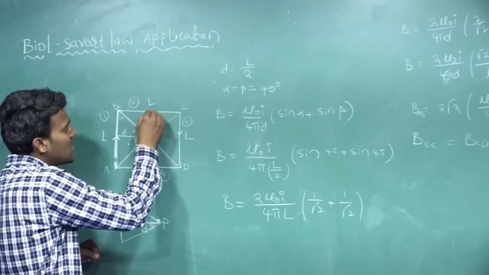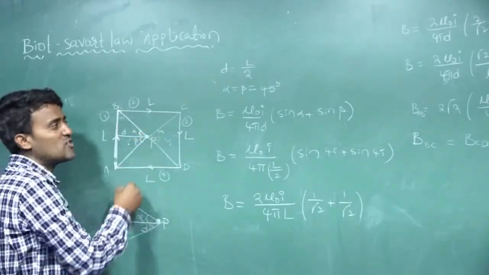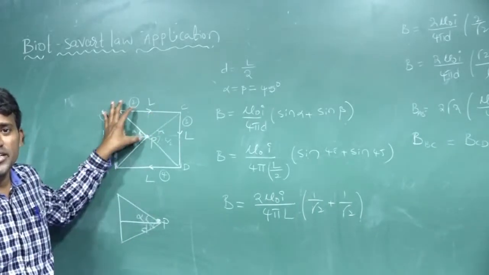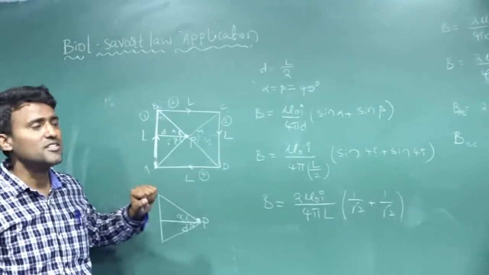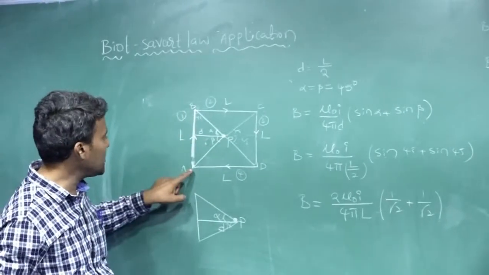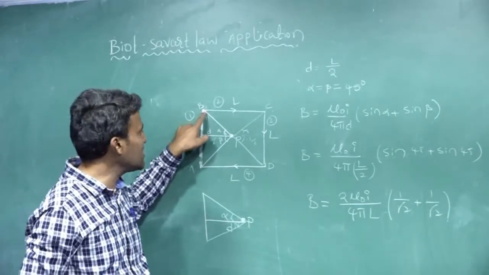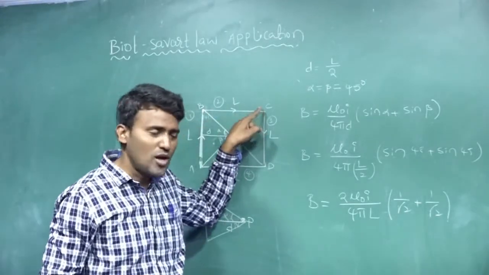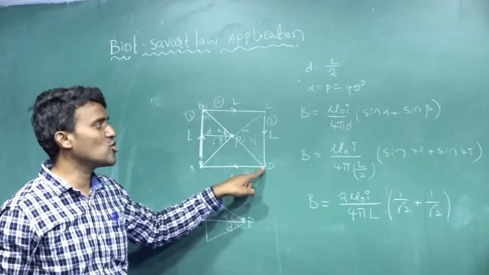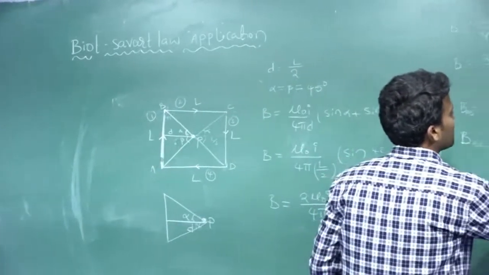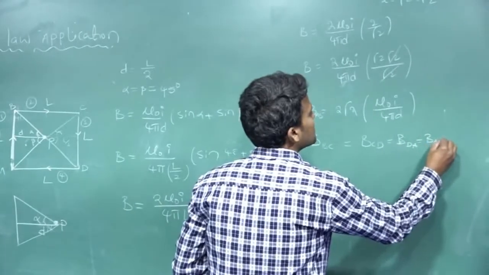Due to the BC also, it is 45 degrees, 45 degrees. So the length is not changed and the angle also is not changed. That's why the magnetic field due to the AB is equal to the magnetic field due to the BC, equal to that due to the CD, equal to that due to the DA. So all are the same.